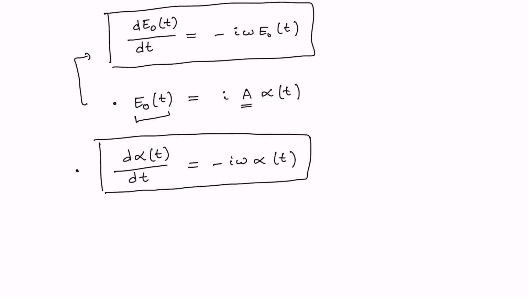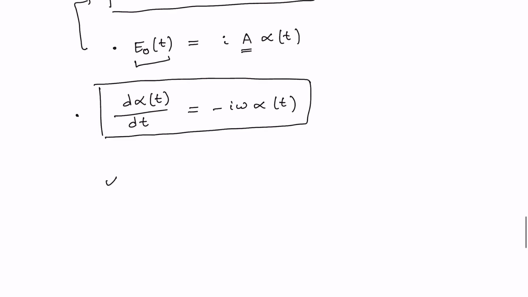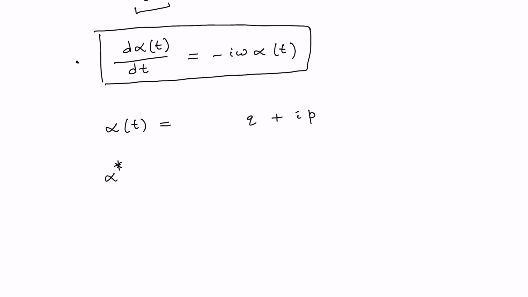Now let us express this quantity alpha of t in terms of its real and imaginary part as follows. So we'll write alpha of t, which is a complex quantity. It has a real part and an imaginary part. So let's say, and it's a dimensionless quantity by the way, it is equal to q plus ip, and alpha star of t is equal to q minus ip.